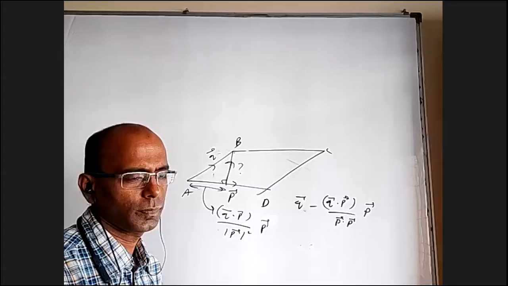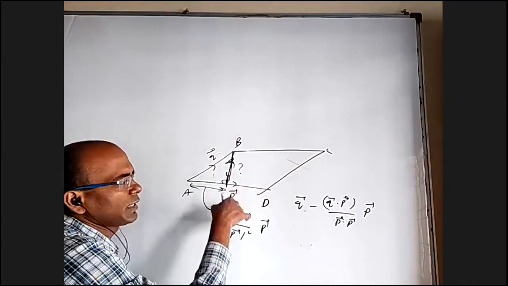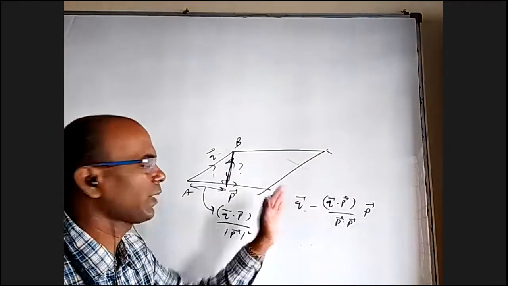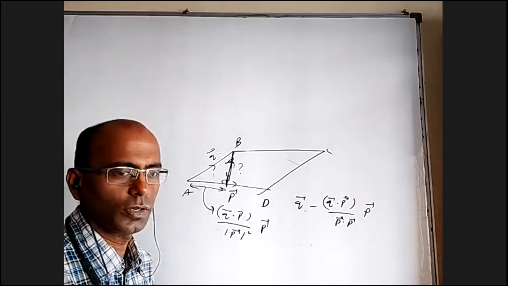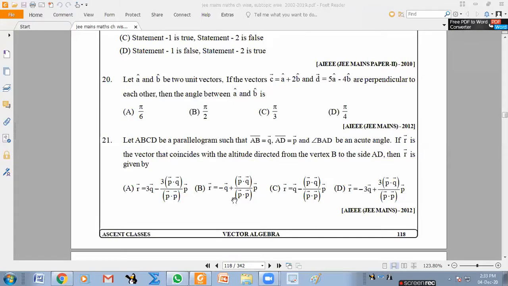That is also important. What we found is this. If you want from B towards AD, you have to take the negative of this. So they might have given minus Q plus (P dot Q) by mod P bar square into P bar. That's why you have to be a little careful. Option B, I guess. Is it okay up to 21?